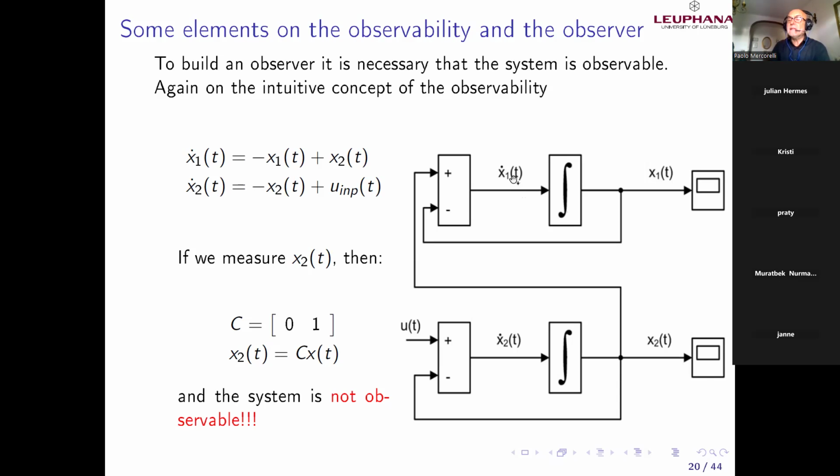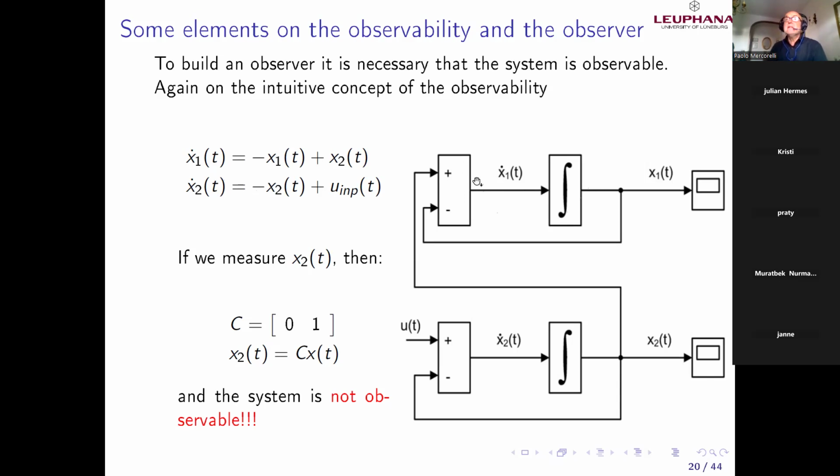Now, X1 derivative in accordance with this equation equals minus X1 plus X2. This arrow means that this variable is going in input to this block here, which realizes the integral of X1 derivative. The equation says that X1 derivative equals X2 minus X1.